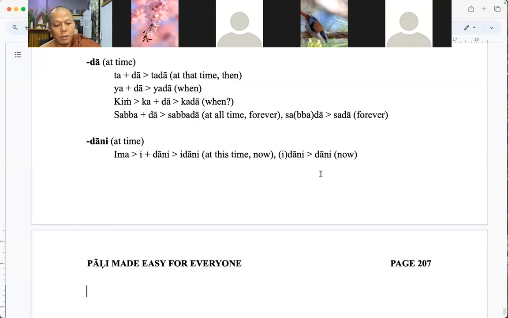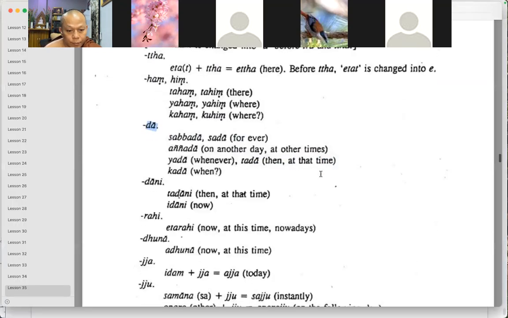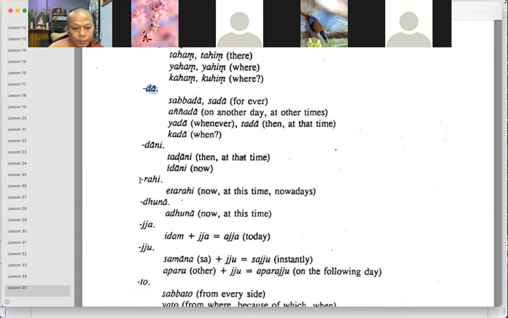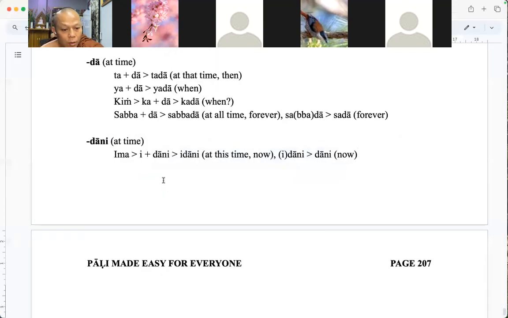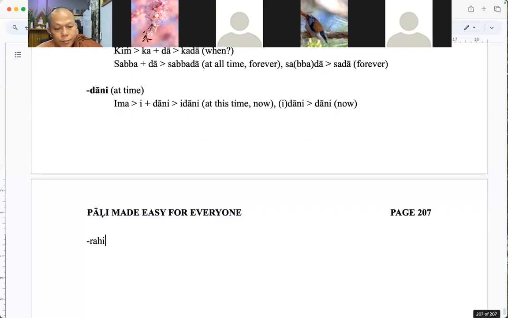Okay, and then next. Rehi. So these are very special. Very special. So Rehi also at times, but that one is only with the ita.